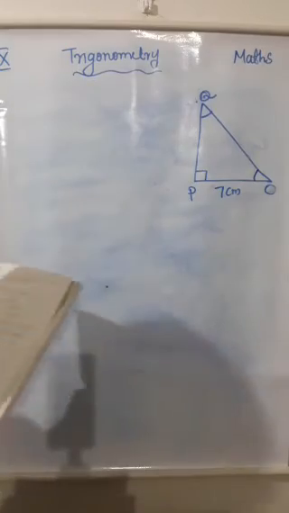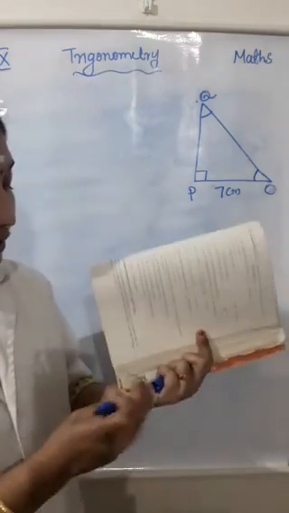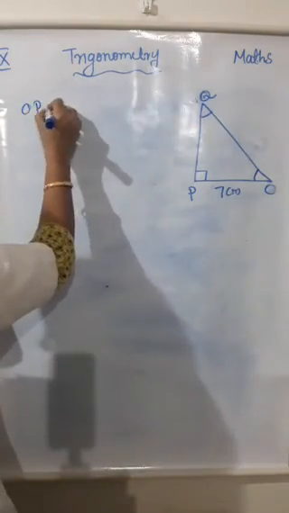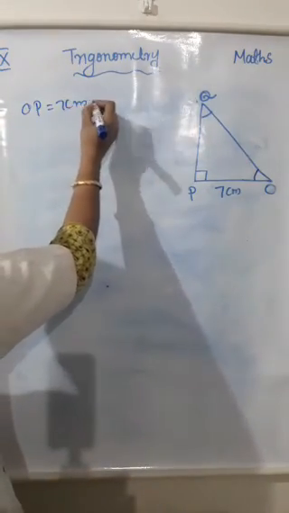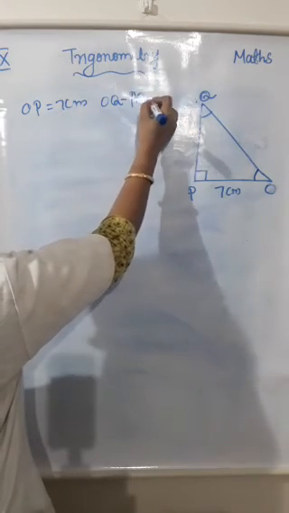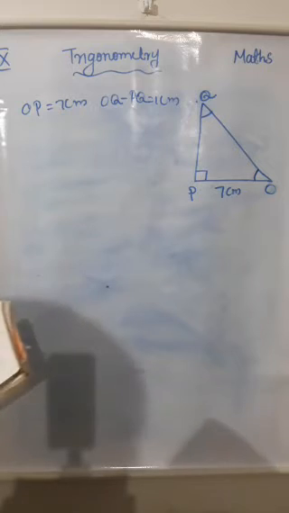Next problem. In triangle OPQ, right angle at P, OP is equal to 7 centimeters and OQ minus PQ is equal to 1 centimeter.